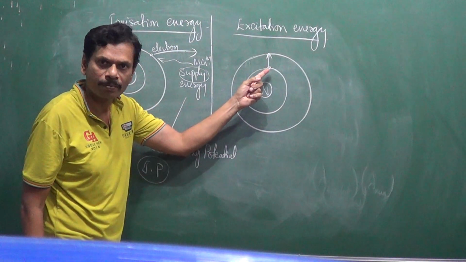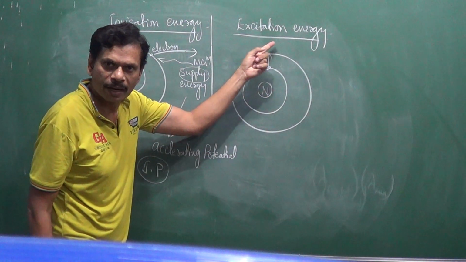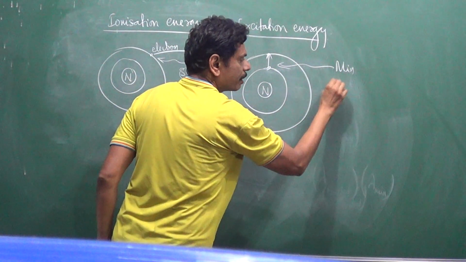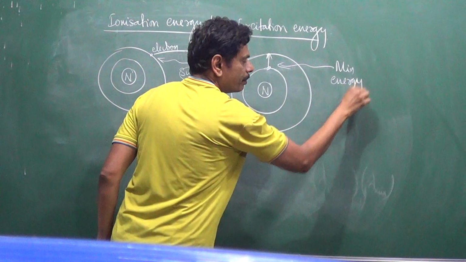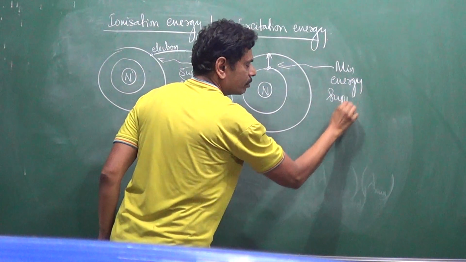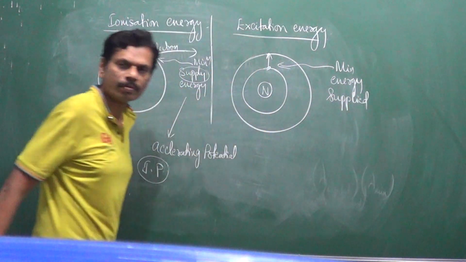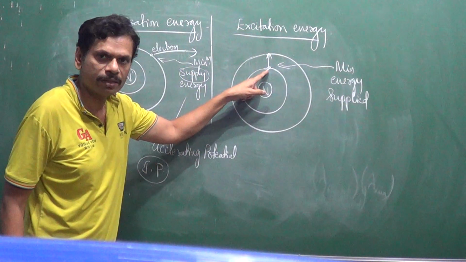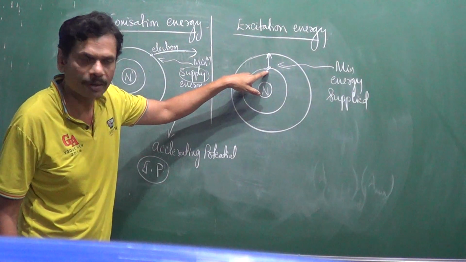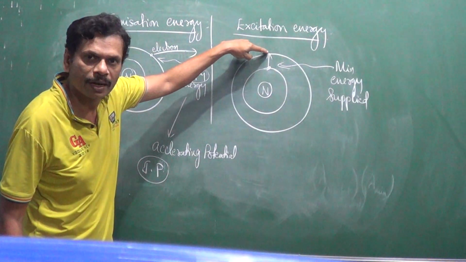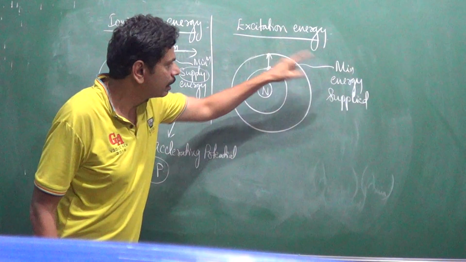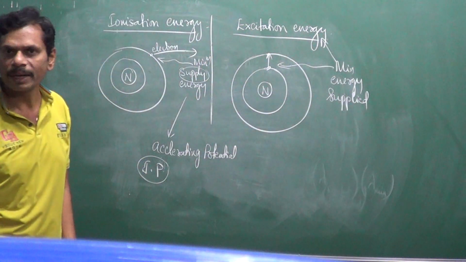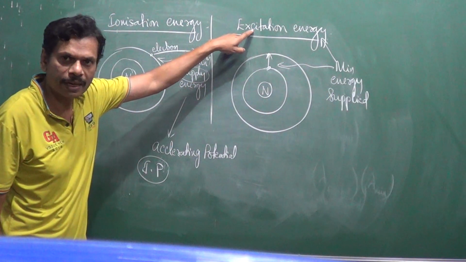How much is the minimum energy that we are supplying? The minimum energy supplied to this electron, so that the electron jumps from lower energy to higher energy, is called the excitation energy.